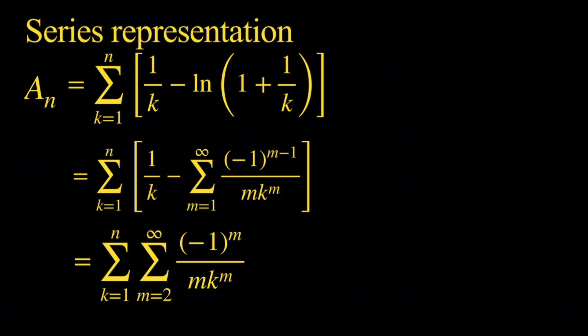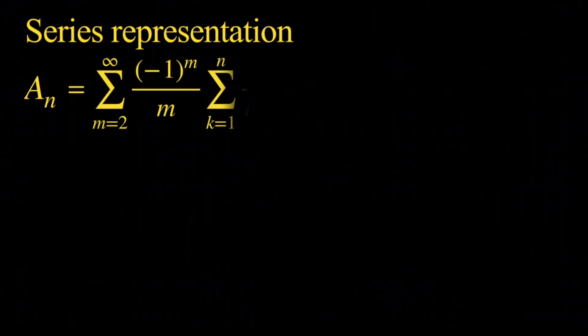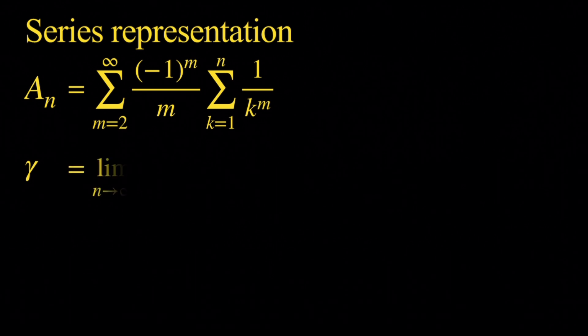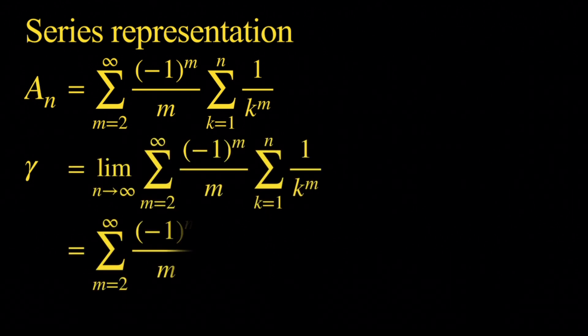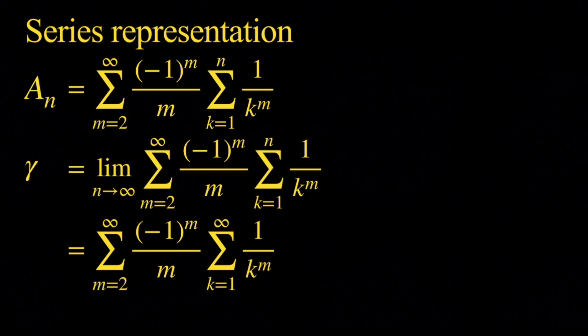Now, we can simply interchange the order of the summation because one of the sums is finite. So we get the following. Now, if we take the limit on both sides, on the left-hand side, we get gamma. On the other side, we get the sum as m goes from 2 to infinity of negative 1 to the m divided by m times the sum as k goes from 1 to infinity of 1 over k to the m.